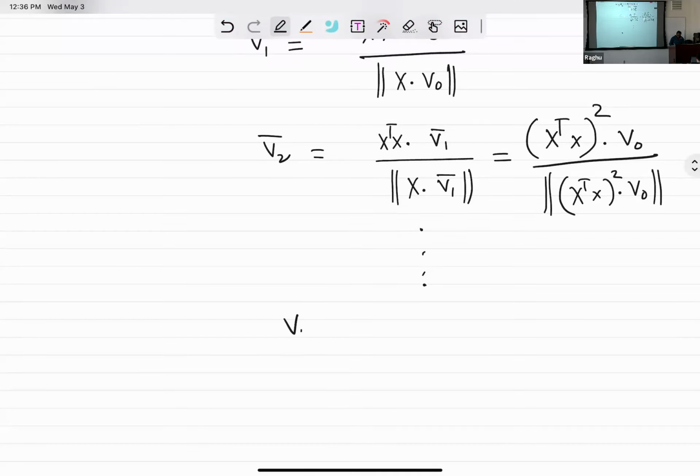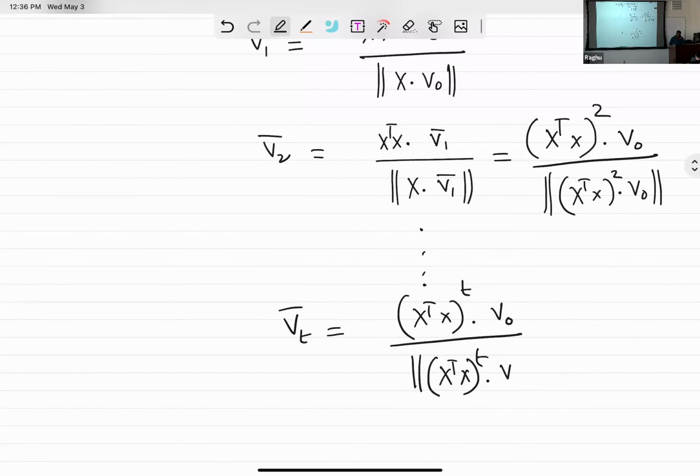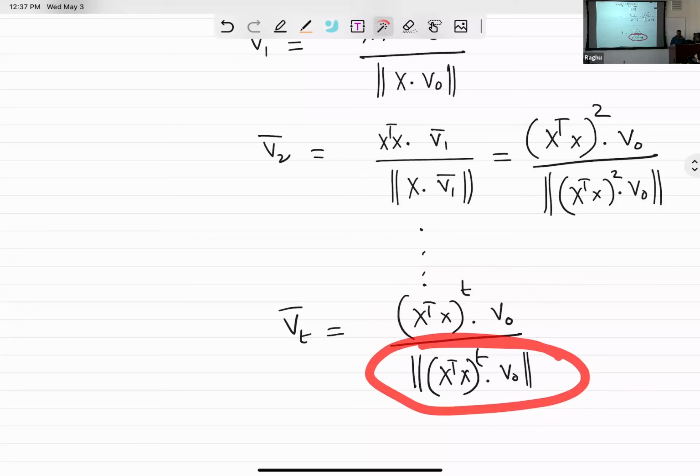So more generally, if you run it for some t many iterations, you will have a power t here, you'll have a v0 as before, and then you have the normalization. So there's a numerator and there's a denominator. And what we'll basically show is that the numerator converges to the first singular vector at some rate.